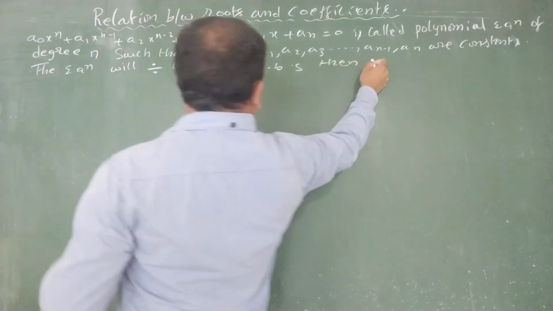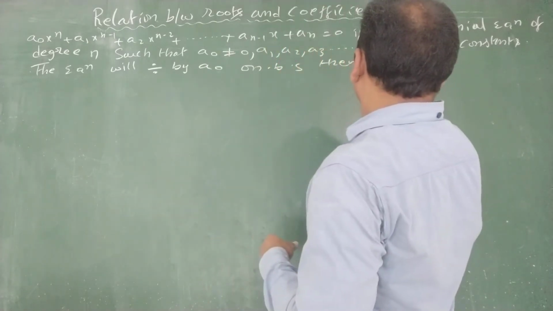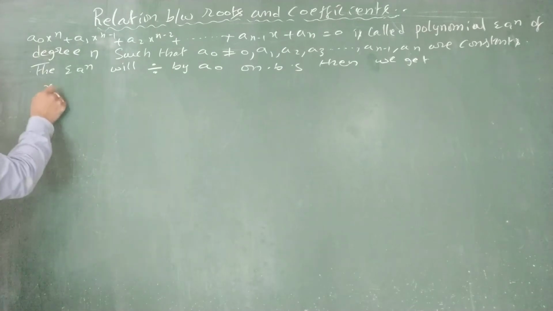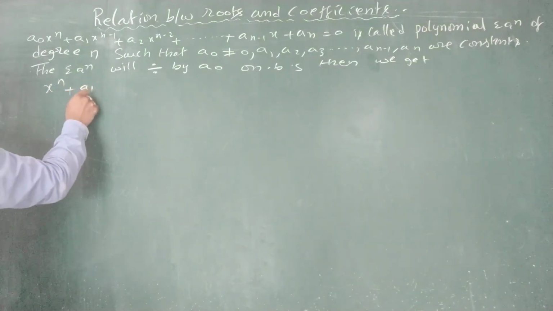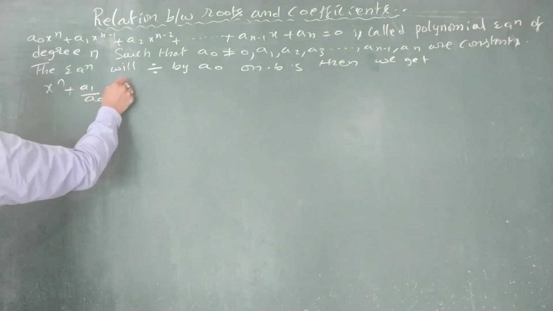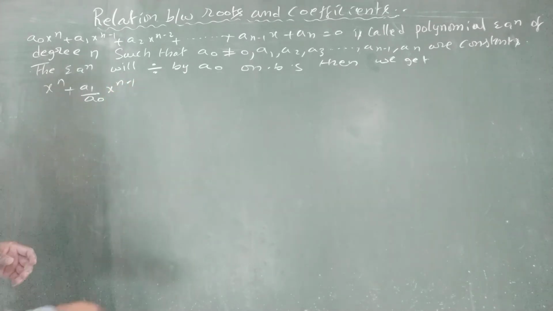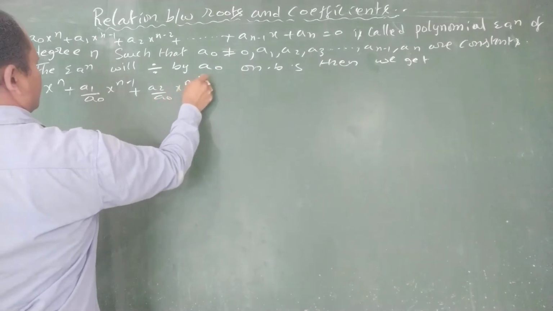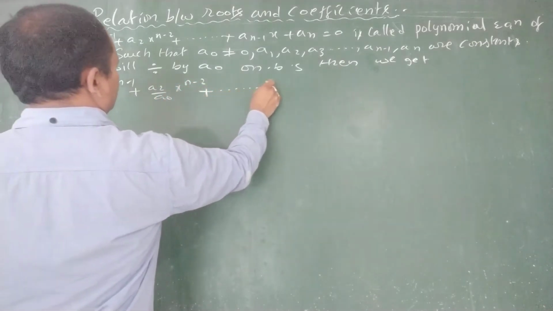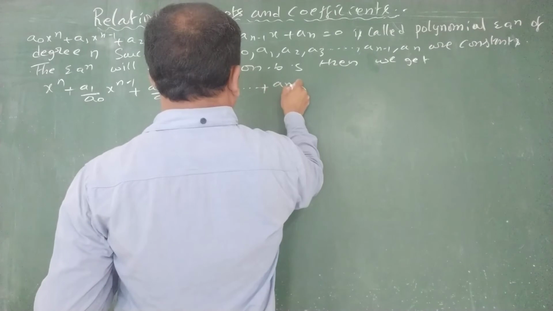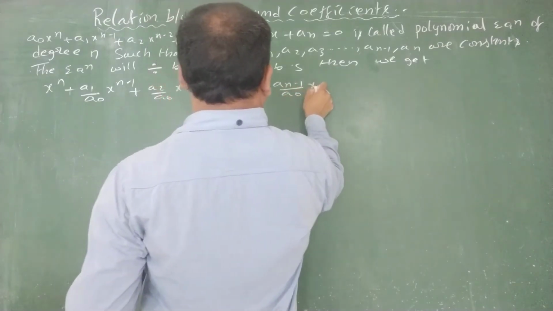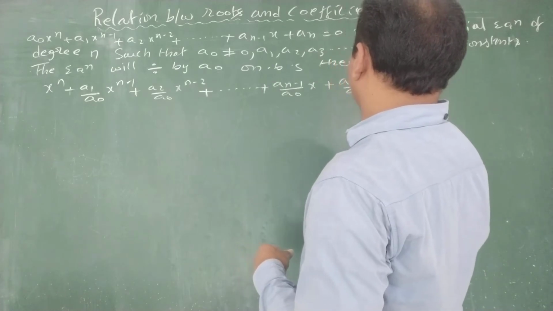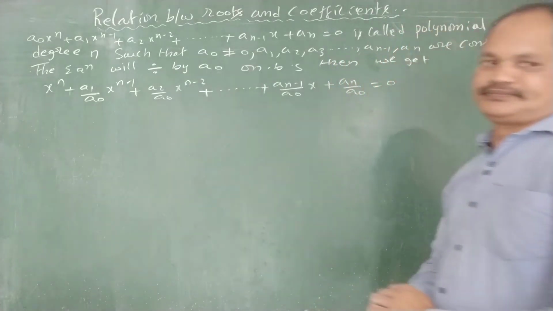Then we get x power n plus a1 by a naught x power n minus 1 plus a2 by a naught x power n minus 2 plus and so on plus a n minus 1 by a naught x plus a n by a naught is equal to 0.